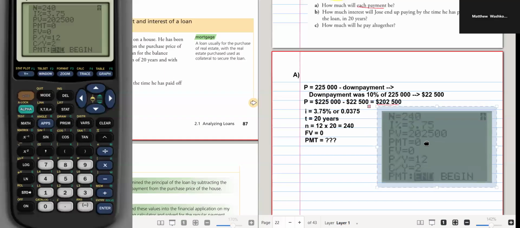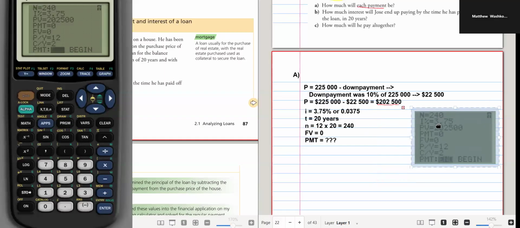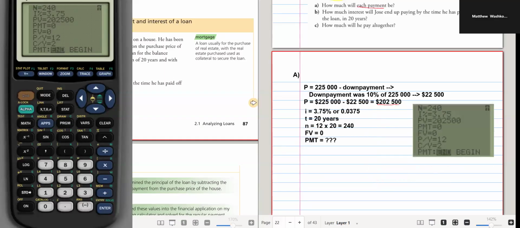You can also use the online one, but I'm going to use this calculator as much as I can. So if I do this, how do I find payment again? Go up to it. Alpha, solve.